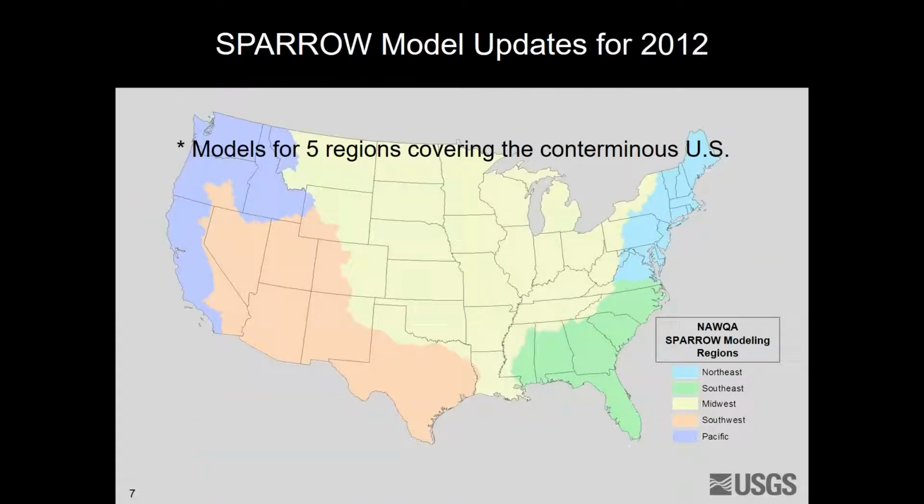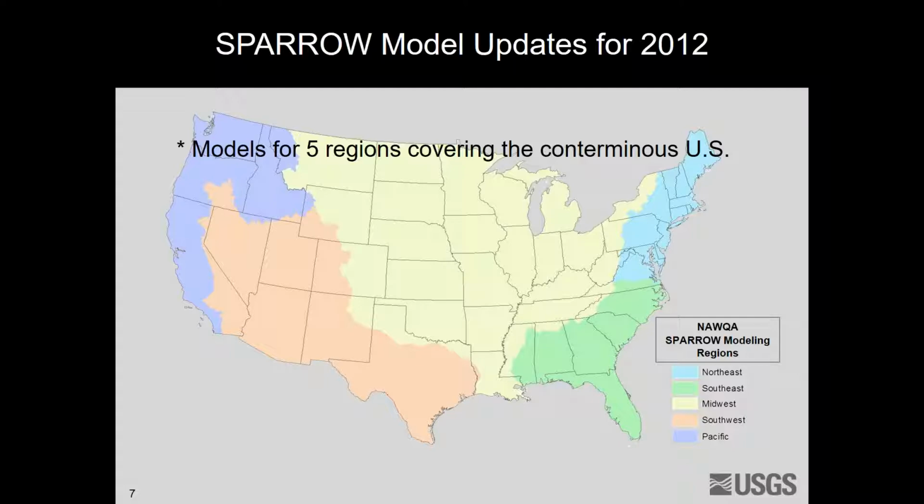Okay, so all of those slides I included mostly for background to explain what the model is. They're all based on a previous generation of models that we published in 2011. We've moved on now to develop a new set of models with a number of improvements, and I'll go through a list of the major improvements that we've done.